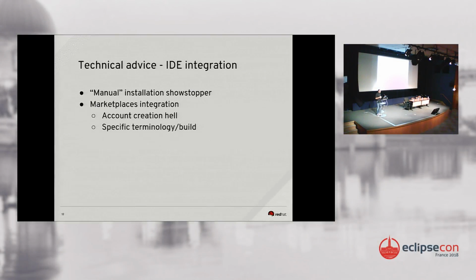What we really need to do is to have a marketplace integration of the IDE client, because people are too lazy to find the update site, to have a process to download a binary and install it in their instance of their IDE. What they want is to use their marketplace inside their existing instance, search for the keyword Camel, and be able to install it.